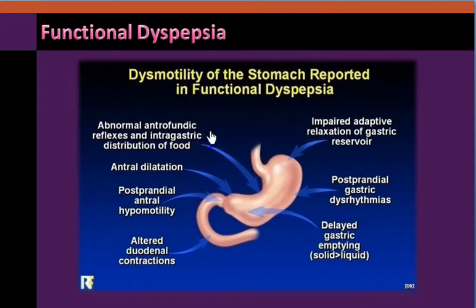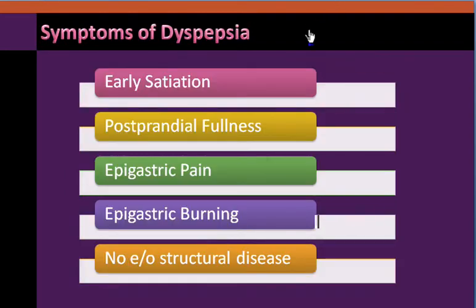Dysmotility of the stomach due to various causes: abnormal antrofundic reflexes and intragastric distribution of food, antral dilatation, postprandial antral hypomotility, altered duodenal contractions, impaired adaptive relaxation of gastric reservoir, postprandial gastric dysrhythmias, delayed gastric emptying, solids more affected than liquids. So, these are some of the aspects of gastric dysmotility seen in functional dyspepsia.